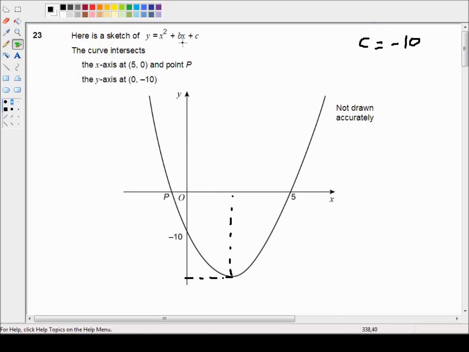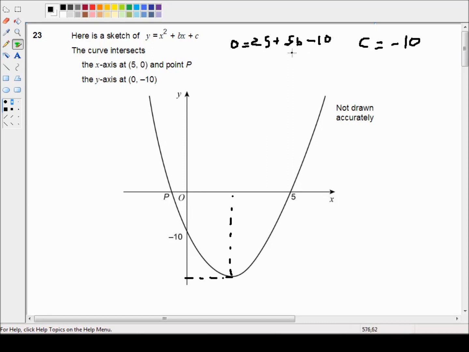So now we've got to figure out what b is. So we know that the curve intersects the x-axis at 5, 0. So when x is 5, y is 0. So 0 is equal to 5 squared, which is 25, plus 5 times b, which is 5b, plus c, which we know is minus 10.